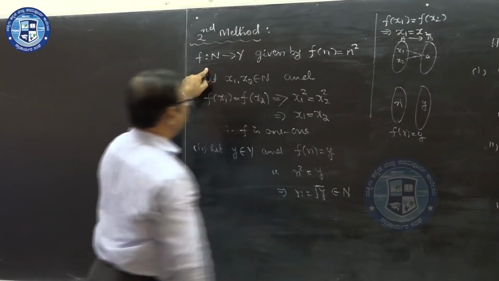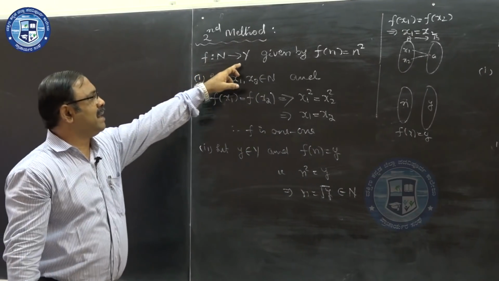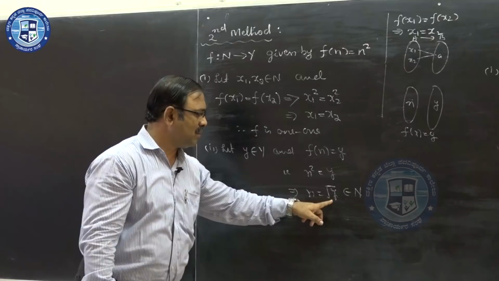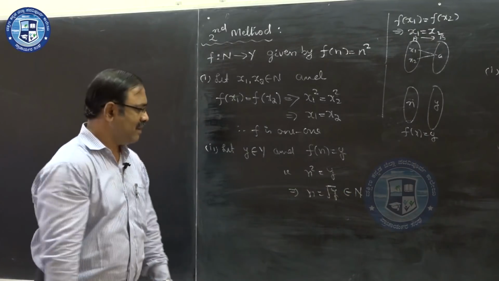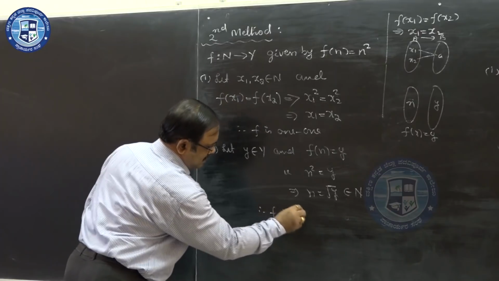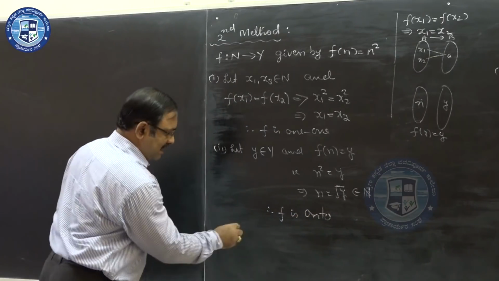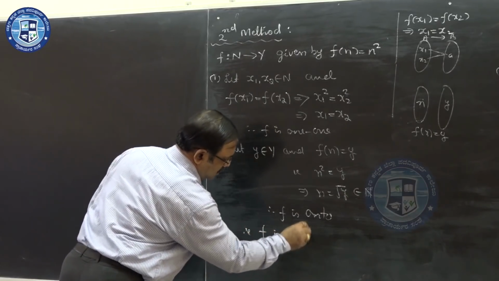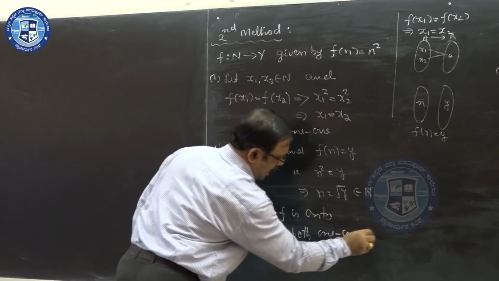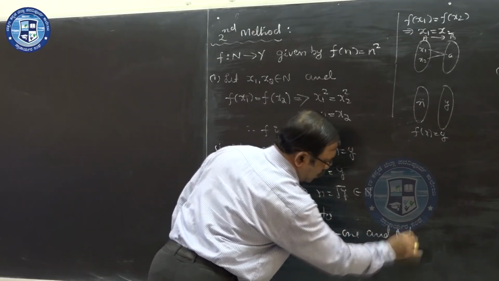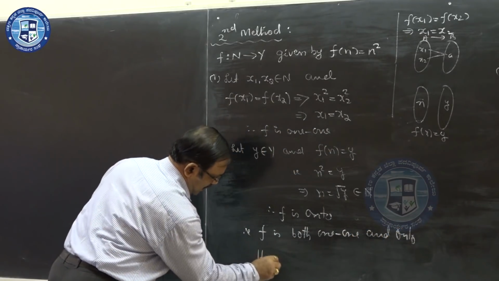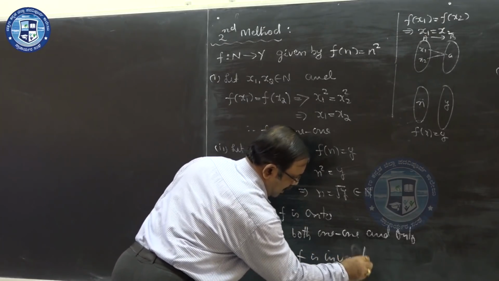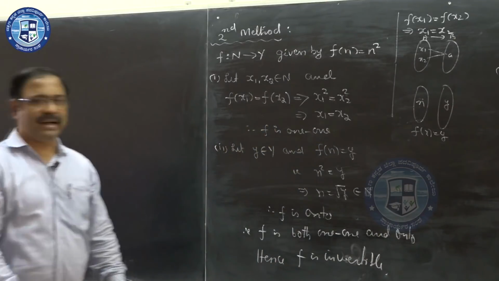Definitely, because Y is defined in such a way that its elements are a subset of N. So n equal to root y belongs to N. Therefore f is onto. Therefore f is both one to one and onto. Hence f is invertible.